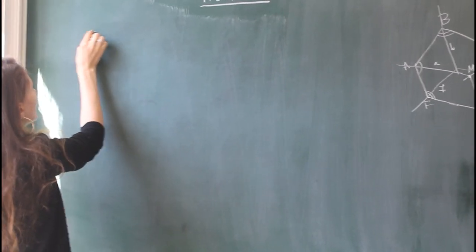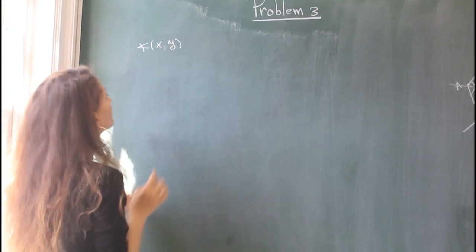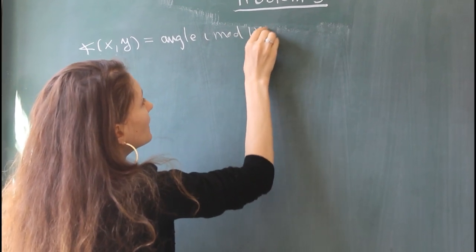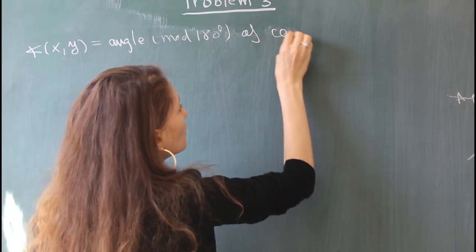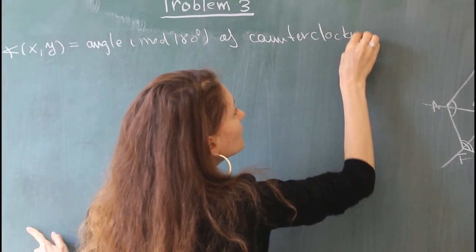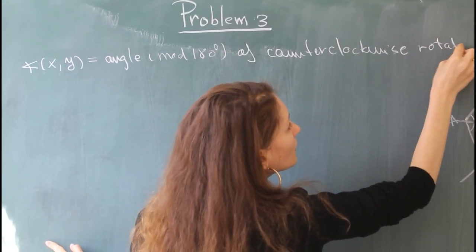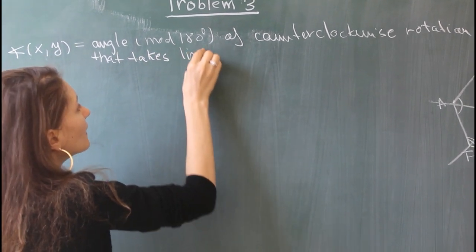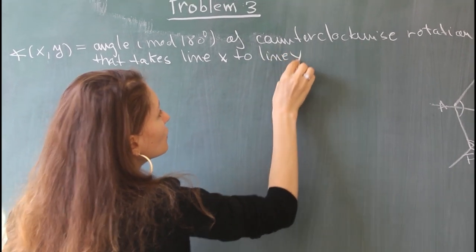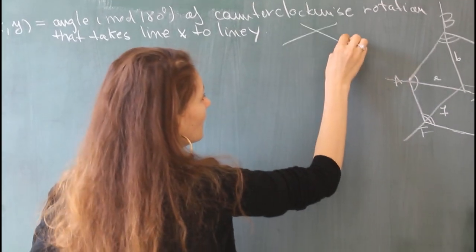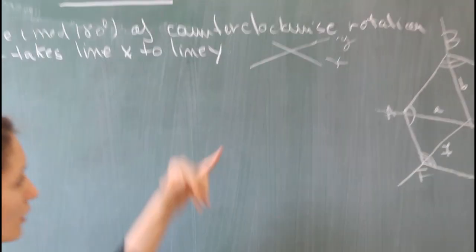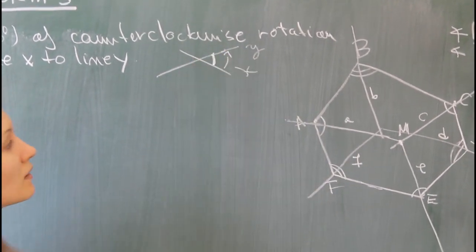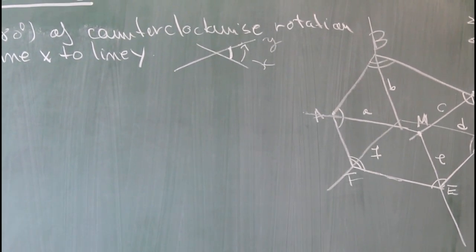A directed angle between lines X and Y is the angle mod 180 degrees of the rotation that takes line X to line Y. A small example: if this is X and this is Y, we're looking for a counterclockwise rotation that will take X to Y. It would be like that, and therefore the directed angle would be this.